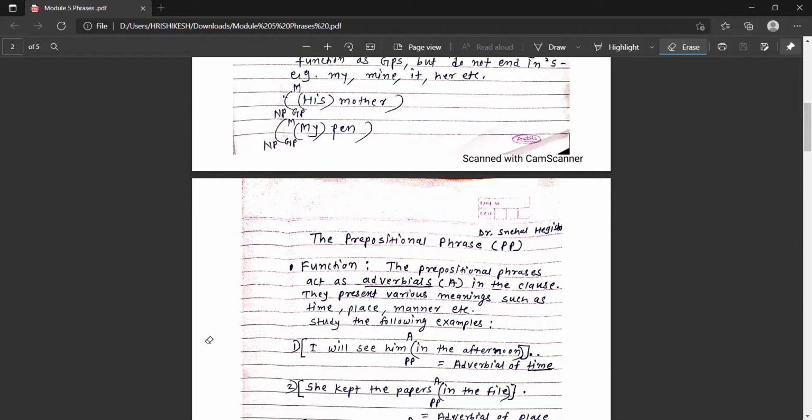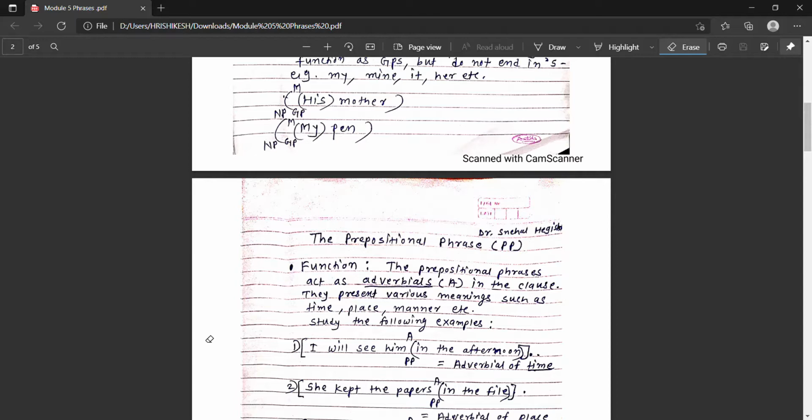Where there is the end of the subject, there is a beginning of the predicator, and predicators are always verb phrases. Where there is the end of the verb phrase, there is a beginning of object or complement or adverbial. So how many elements of clauses have I told here? First one is a subject, second one is a predicator, third one is object or complement or adverbial.